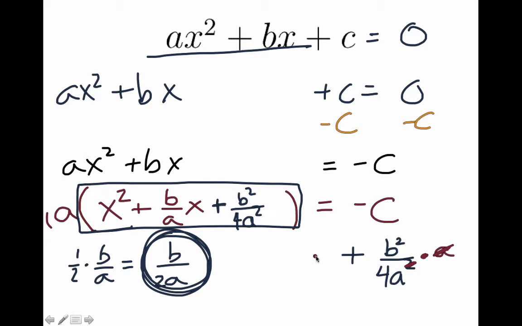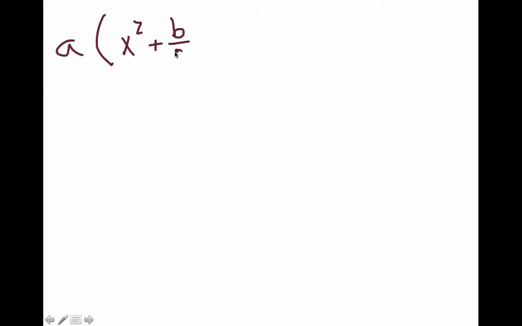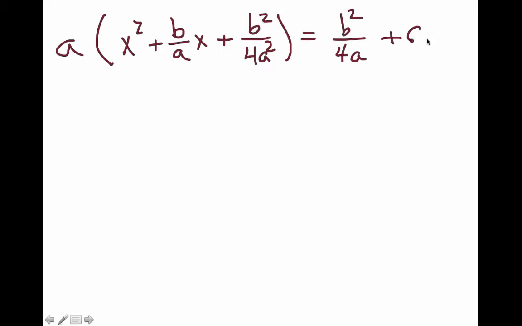Okay, let me clean this up. Let me see where we're at. We should have, if we clean up what I just wrote, a times x squared plus b over a x plus b squared over 4a squared equals b squared over 4a plus c.